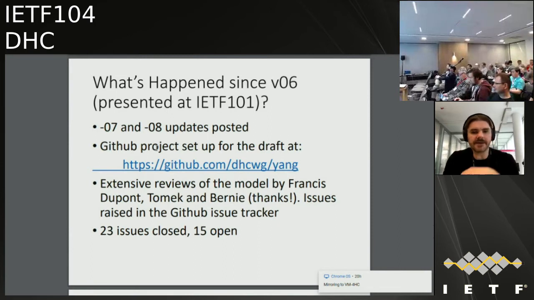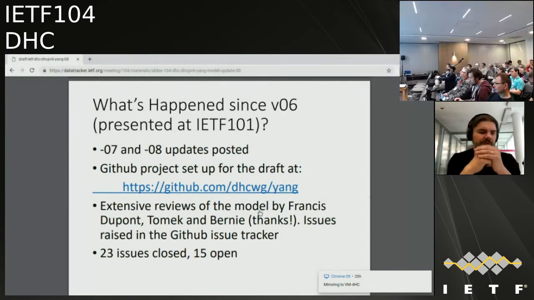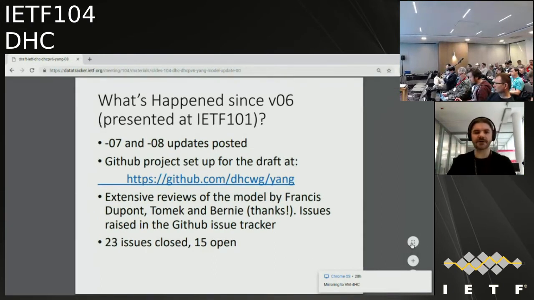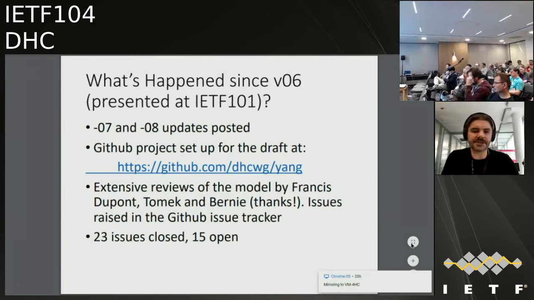Can I make a request at this stage? If you've opened anything on the issue trackers, there have been updates and attempts to resolve some of these things. So could you review those again and see whether the changes that are proposed meet what you've raised, or if you've got any other comments that need to be addressed, that would be welcome, please. Next slide.